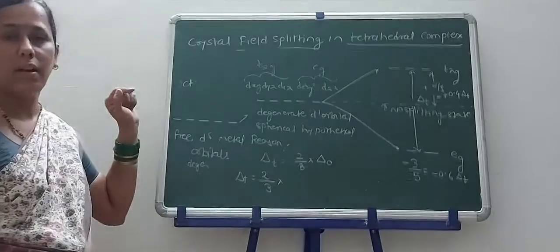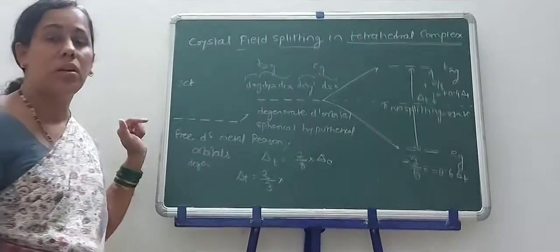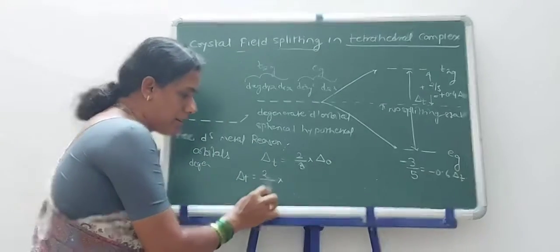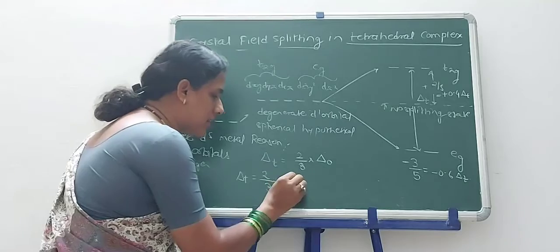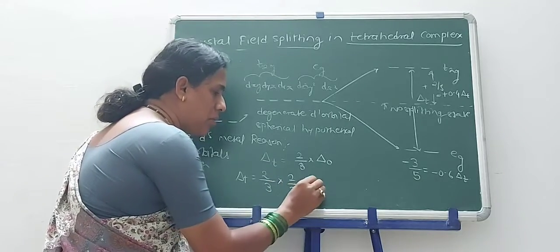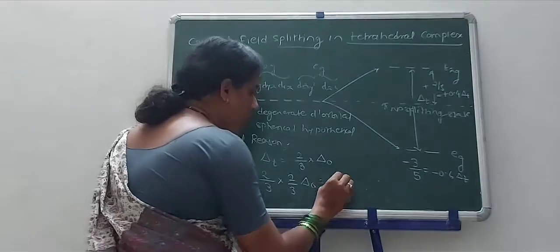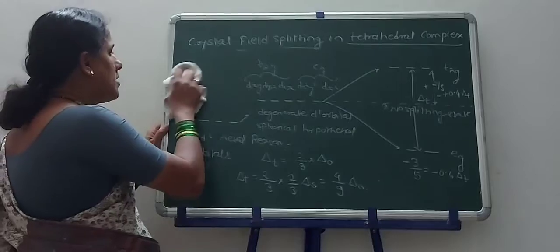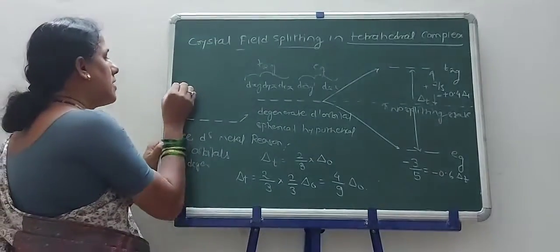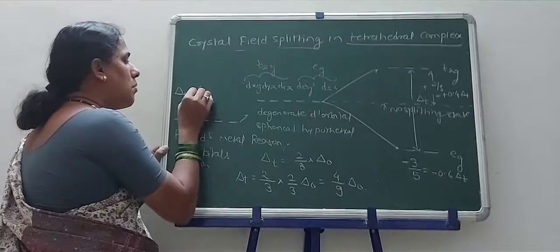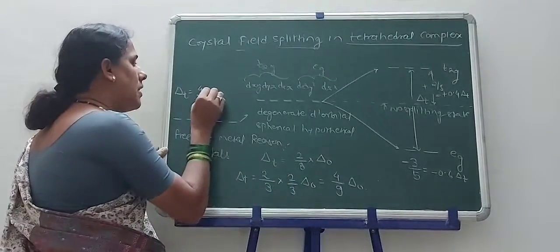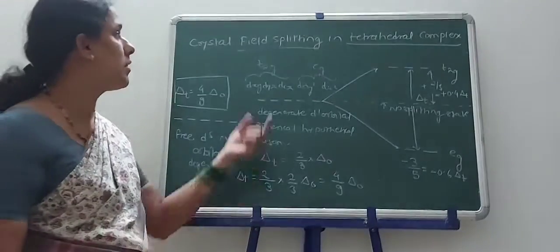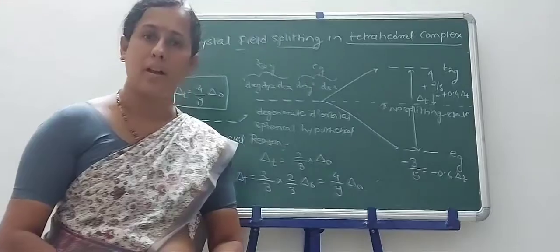In octahedral complexes the ligands approach along the axis, and in tetrahedral complexes the ligands approach between the axes. That gives 2 by 3 into delta octahedral, which is 4 by 9 delta octahedral. Therefore, delta T is equal to 4 by 9 delta octahedral. This is one of the most important relations for crystal field splitting in tetrahedral complexes.